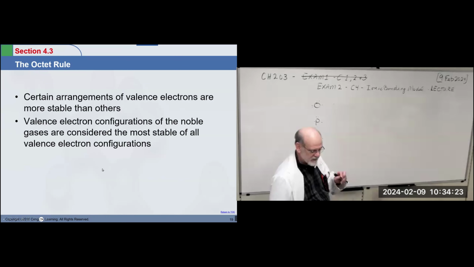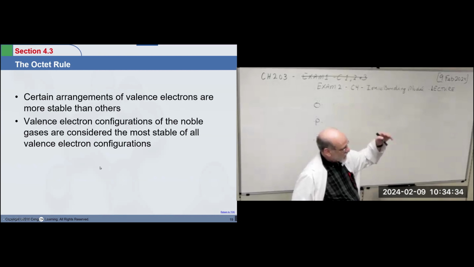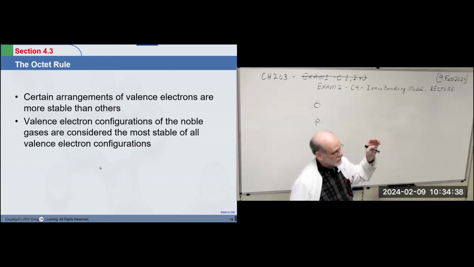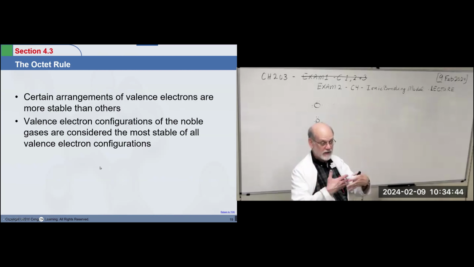Certain arrangements of valence electrons are more stable than others. That's why the valence electron configurations of the noble gases are considered the most stable. So when these atoms interact with one another, if they react, they're each trying to look like a noble gas, either by giving up an electron, accepting an electron, or sharing electrons.